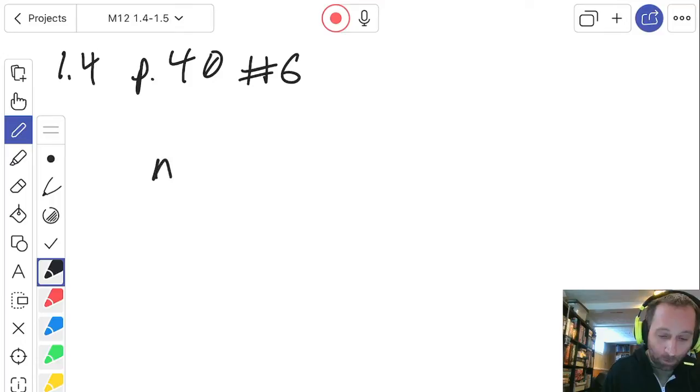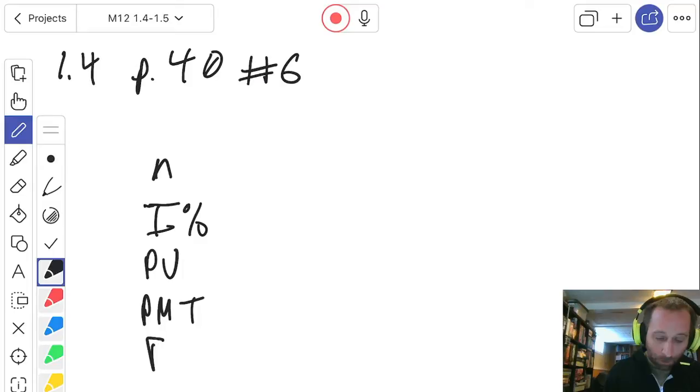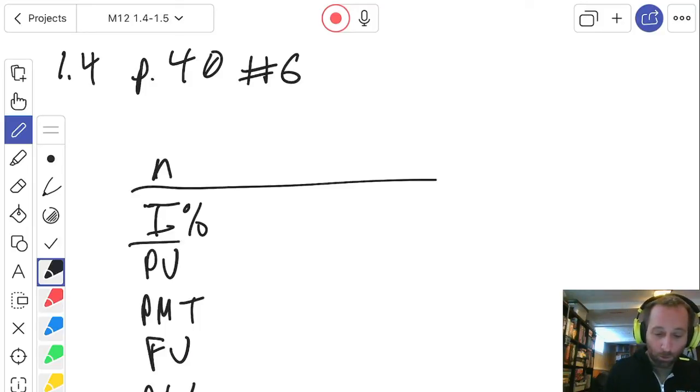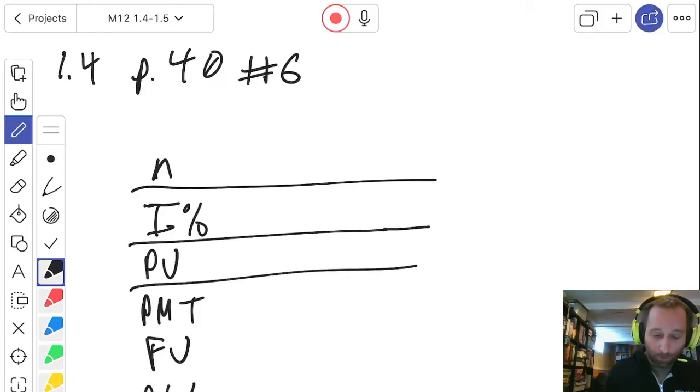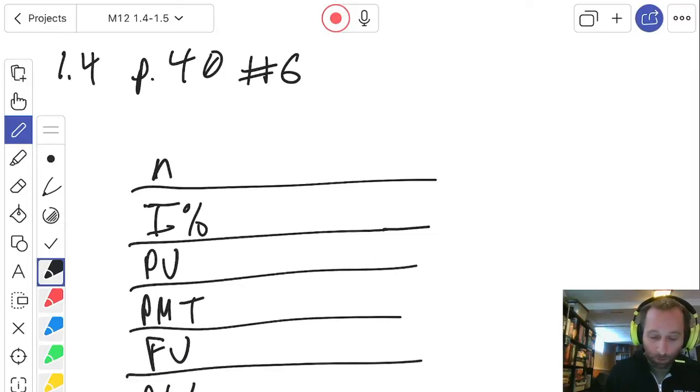So I'm just going to set up the chart the same way it would be in your TI calculator. I think it goes present value, payment, future value, payment per year, compounding period per year. You're going to put a value into each one of these, then highlight the one you're looking for and press alpha solve.